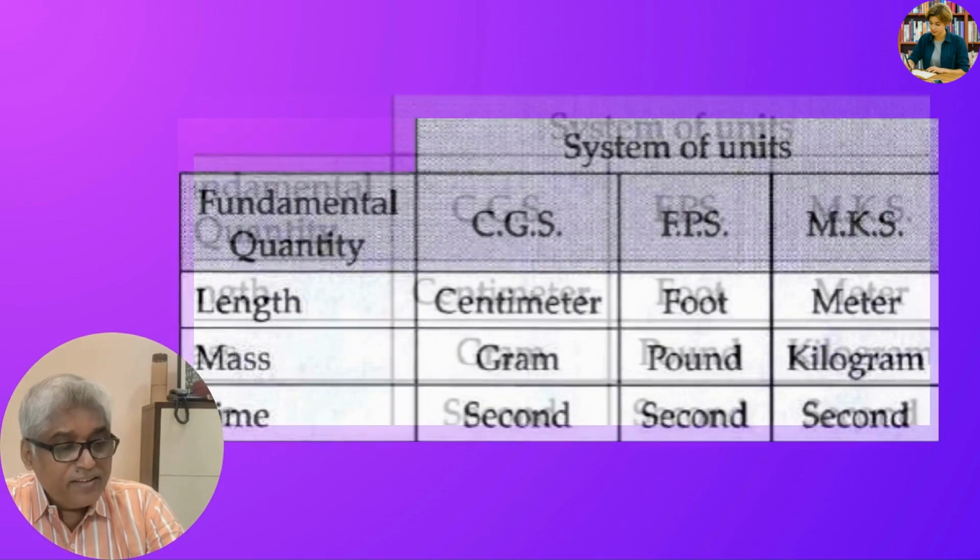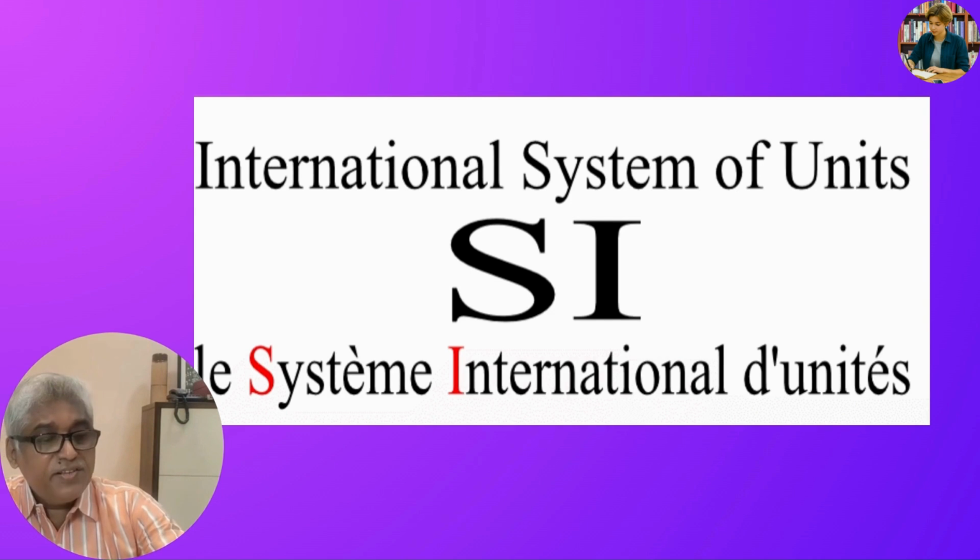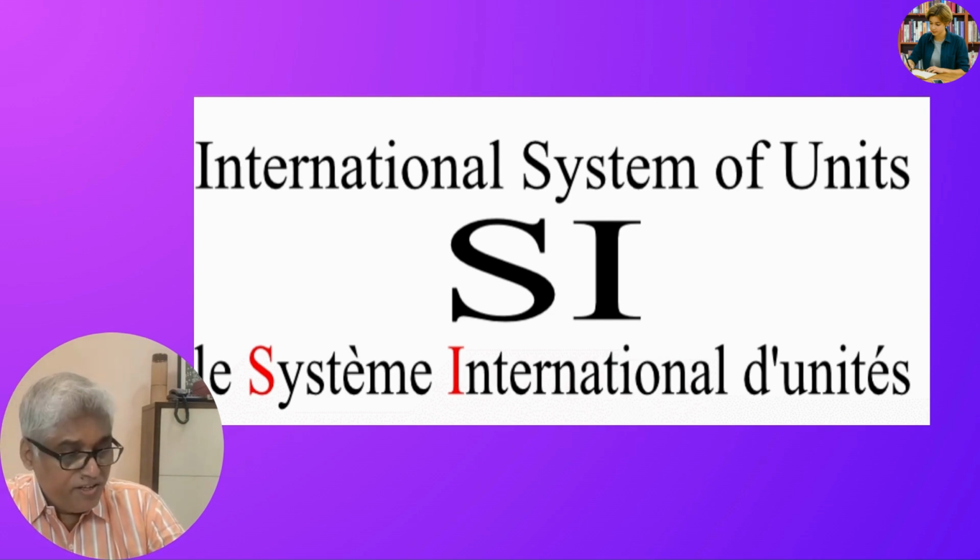For example, electric current, thermodynamic temperature, amount of substance, luminous intensity, like that. And then a more general, rather comprehensive system, the SI system, came into existence. This system is accepted throughout the world, therefore it is called the international system.